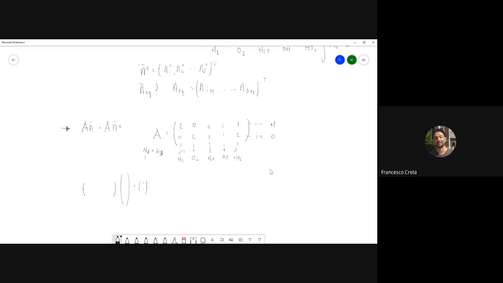So I have essentially 2 relations. So let's write them down. So 2, 0, 2, 1, 1, 0, 2, 1, 1, 2, multiplying n1, n2, etc., n5, is equal to the same thing times n0, 1, and 0, 5.